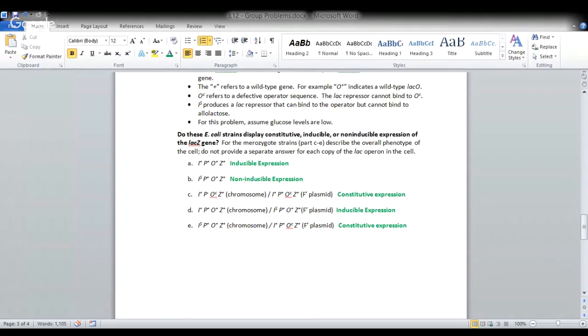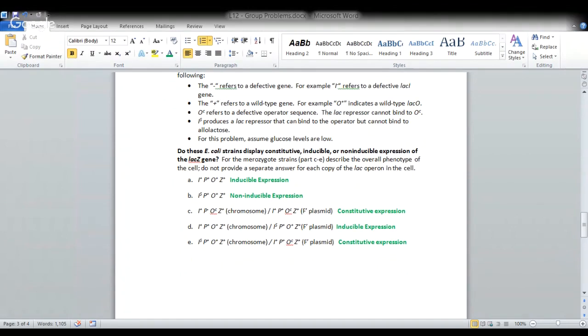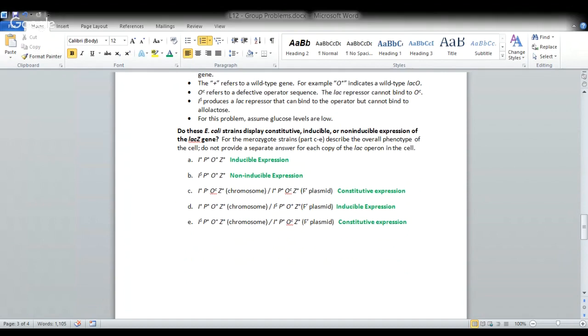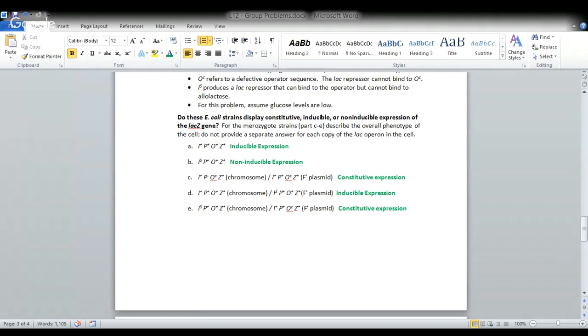For A, we have the genotype where everything's wild type, so we'll have an inducible expression. And then B, we have a non-inducible expression. And then C, we move to a constitutive, which just means that all the genes are on. D, with this genotype, we'll end up with inducible expression. And then E, once again, we have constitutive. So all the genes will be on.